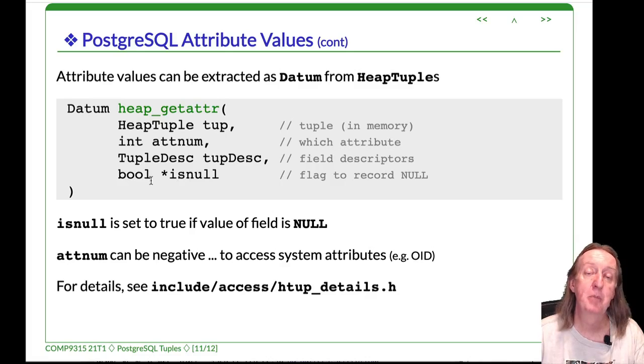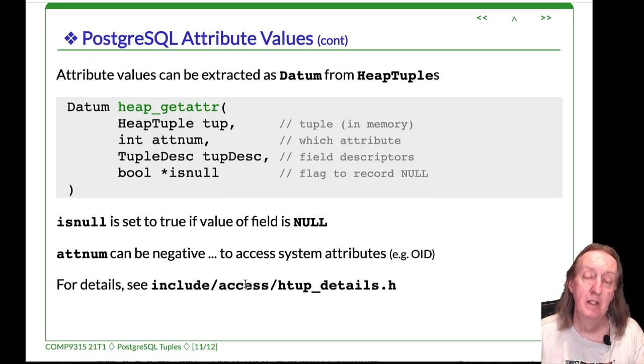So this can't be part of the value. Attribute numbers can be negative to deal with special attributes like OID. So OID is actually attribute -1. If you want to find out more details about these data structures, then you can have a look in there.